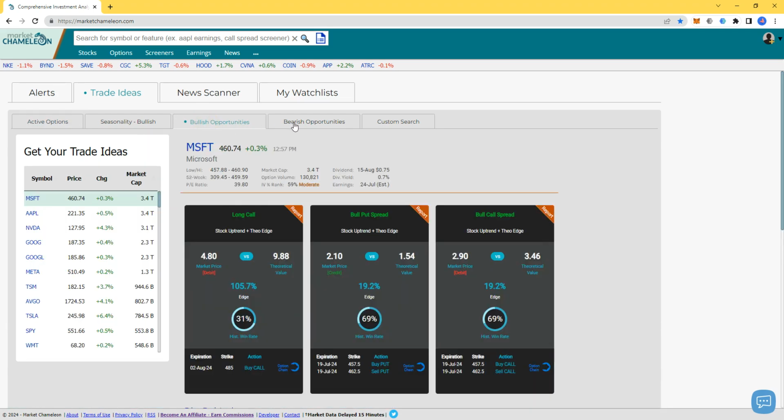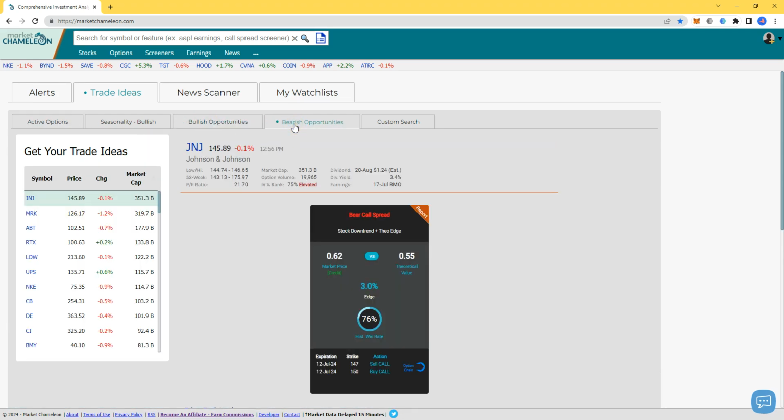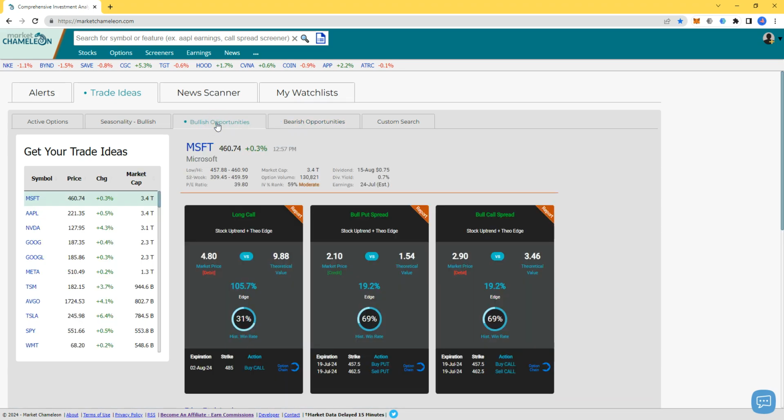Bullish opportunities, bearish opportunities. This is what we're doing today. So just so you know, if you go to the bullish opportunities tab, it will show you something technical that happened. I'm going to show you in a trade report in more detail that all those stocks right here, Microsoft, Apple, Nvidia, Google, Meta, all the ones that we know and love, are going higher and higher during this time frame based on technical analysis.